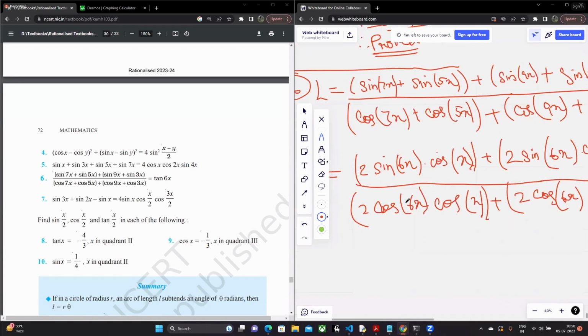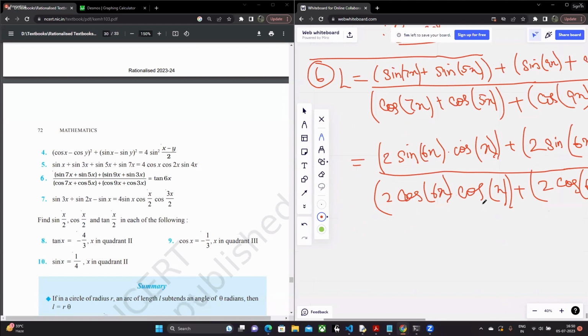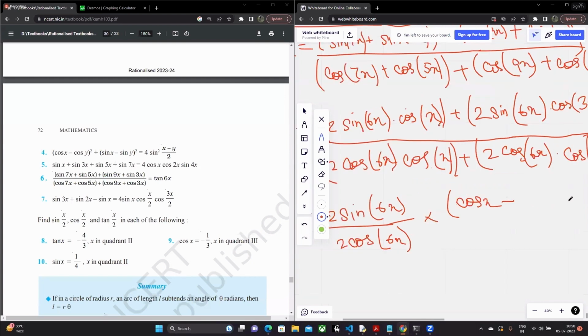Taking all the common terms out, you basically have 2 sin 6x divided by 2 cos 6x into this is basically cos x plus cos 3x, divided by again it's cos x plus cos of 3x.